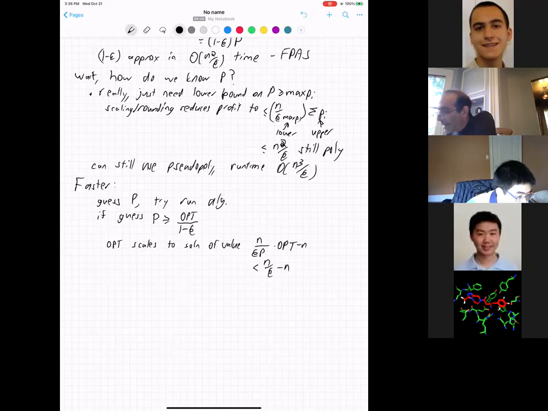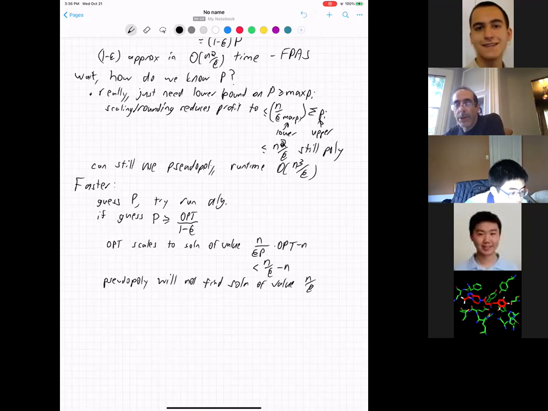We used a guess that's bigger than the optimum, and so the true optimum scales too far down to something smaller than n over epsilon minus n. So our pseudo-polynomial algorithm will not find a solution of value n over epsilon minus n. Remember, that's what we were looking for, so that it would scale up to the proper value. And so this will tell us that our guess was too big.